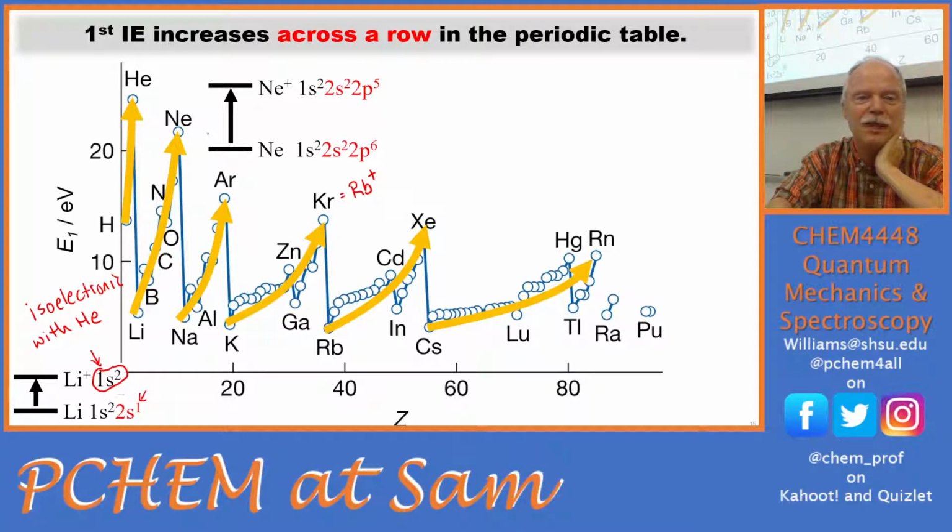In fact, you could say that neon should be here, but when we get that stable electron cloud, it actually kind of drops in energy and makes this ionization energy larger than you would expect. There's a big jump here between these two. And so that tells us that fully filled subshells are stable, more stable than we expect.